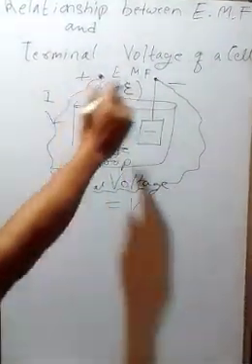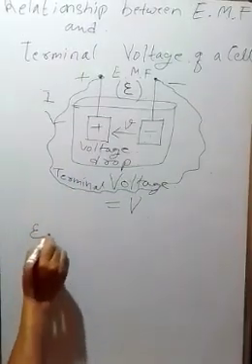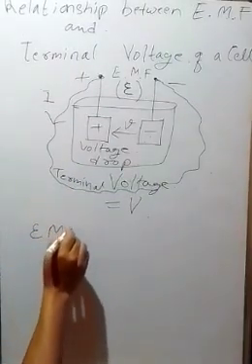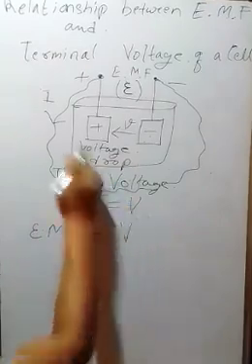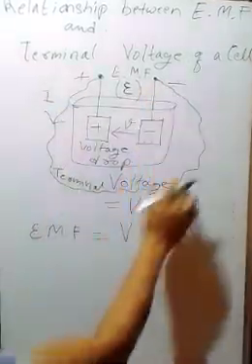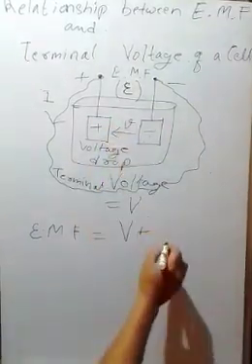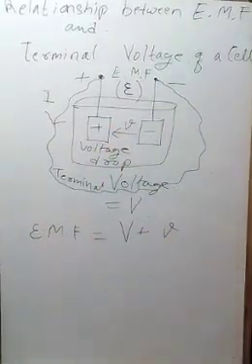Now if you see this, E.M.F will be equal to the outside working volt, or terminal volt, plus inside the battery also a small v. Good.